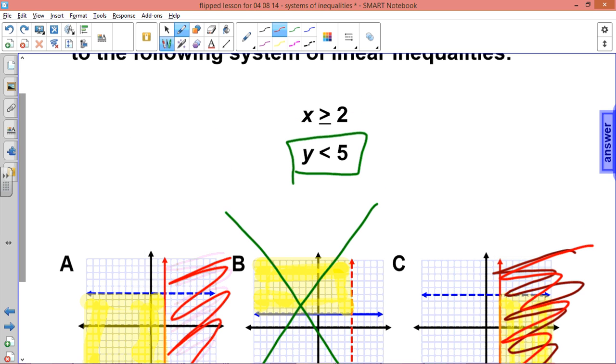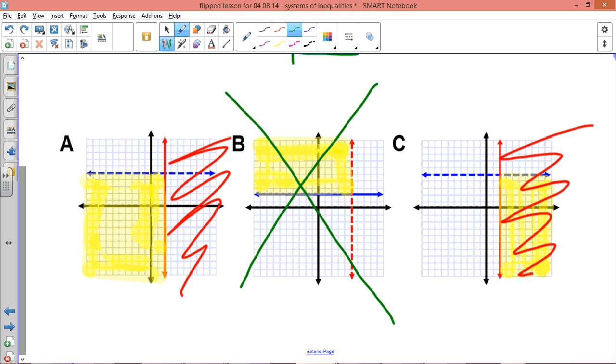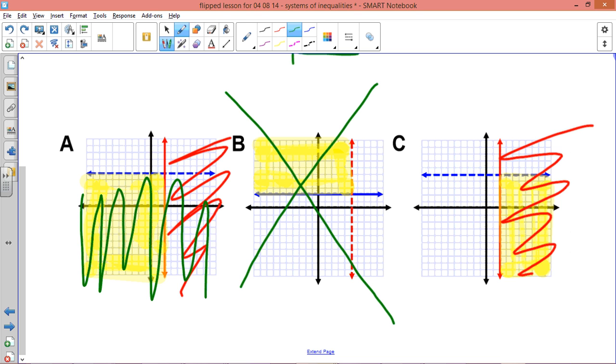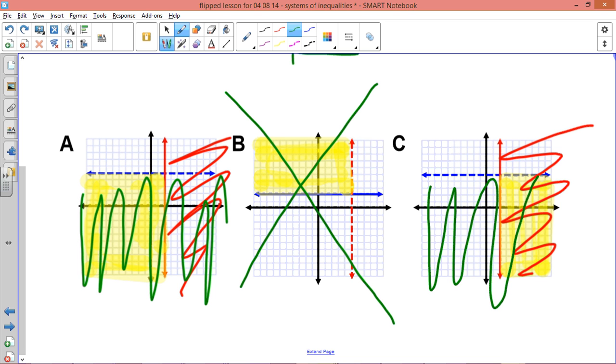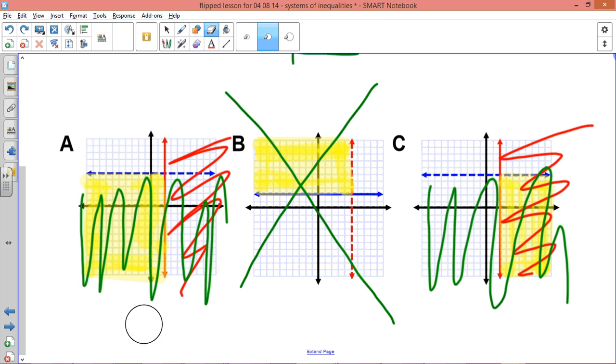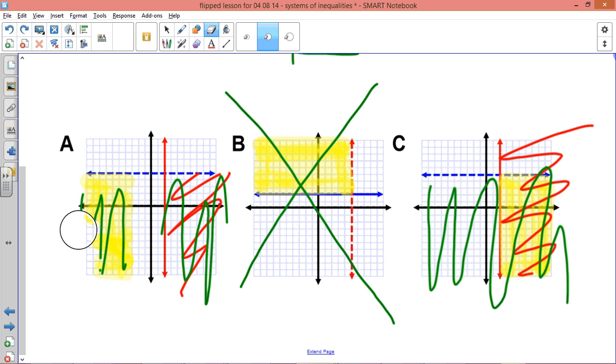And then for the next part, y is less than 5. With green, I need to be below y equals 5. Below y equals 5. And then finally, I'm going to erase my overlap. Well, I erase my non-overlap there and there.